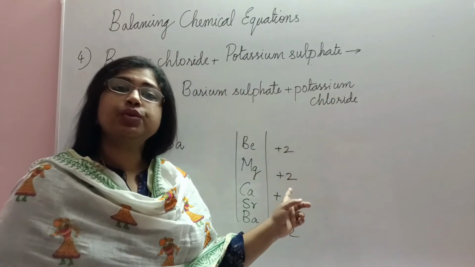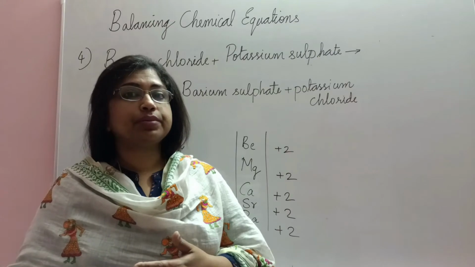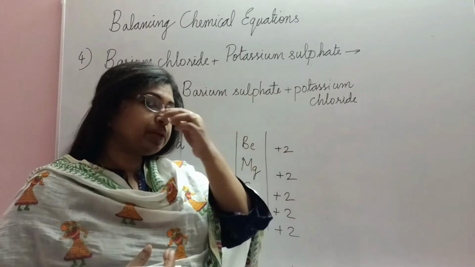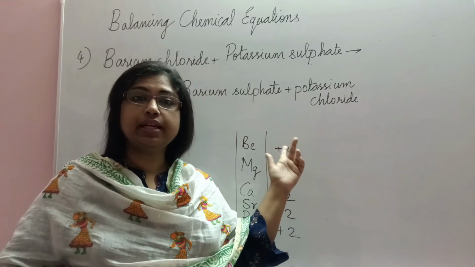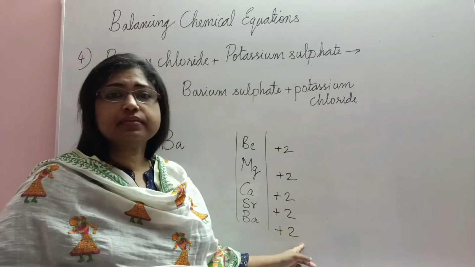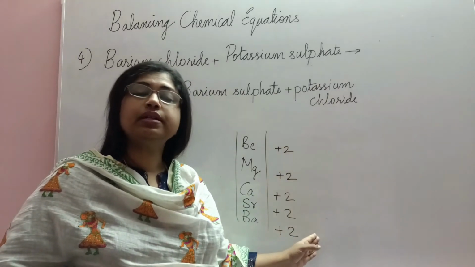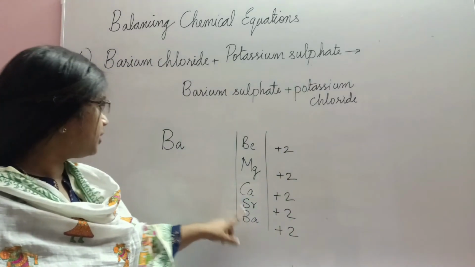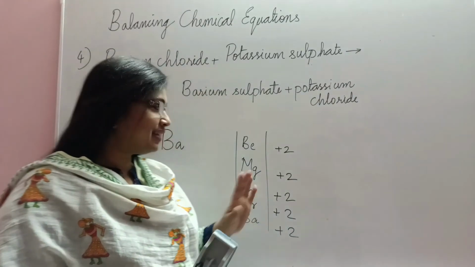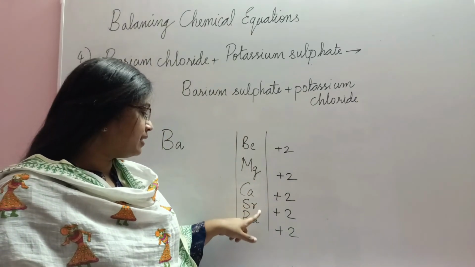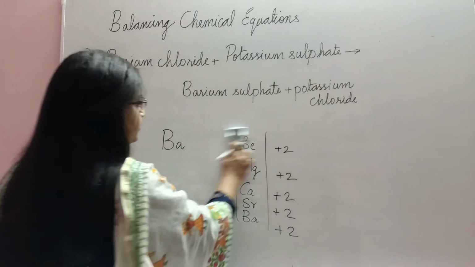All these elements lose 2 electrons to attain octet configuration, which is similar to the nearest noble gas. Beryllium will lose 2 electrons and attain the duplet configuration of helium. So the valence of all these elements is 2. Whenever you think of barium, the valence is 2. Sometimes it may be difficult to remember, but think beryllium, magnesium, calcium, strontium and barium, they belong to group 2 and their valence is 2.